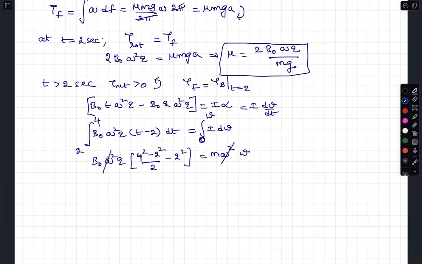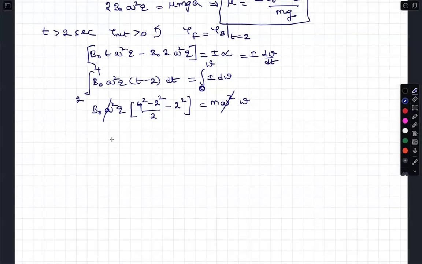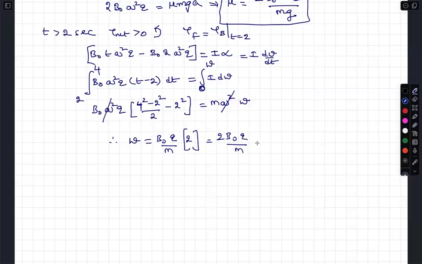The a square cancels. Finally, omega is B naught q by m times (16 minus 4, 12 by 2, 6, 6 minus 4, 2). Omega becomes 2B naught q by m. Remember, at t equal to 4 seconds.